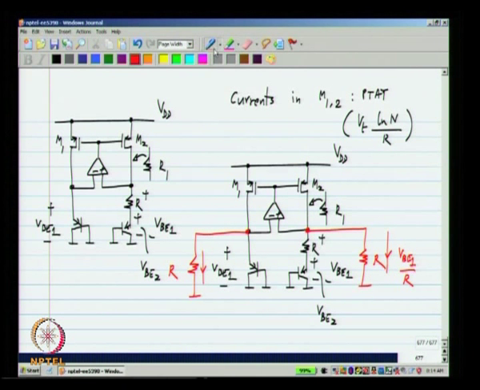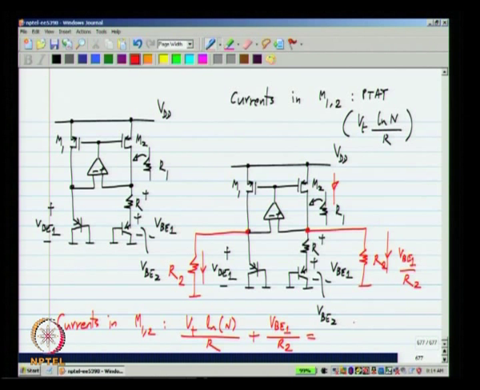So, in this particular circuit, currents in M1 and M2 are the sum of the PTAT current and, let me use a different symbol for this resistor, R2, a current that is proportional to VBE1.